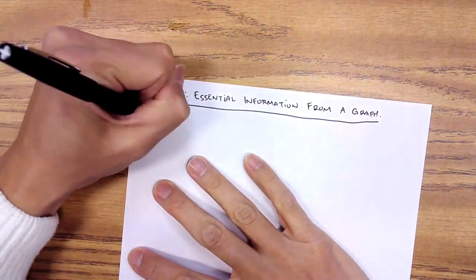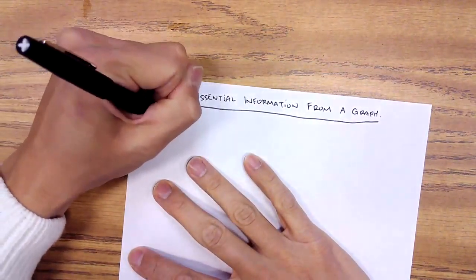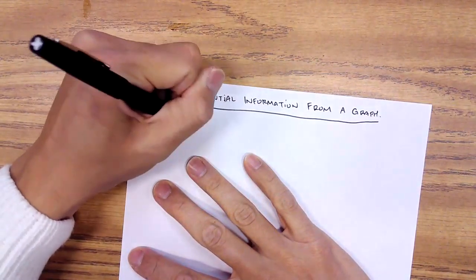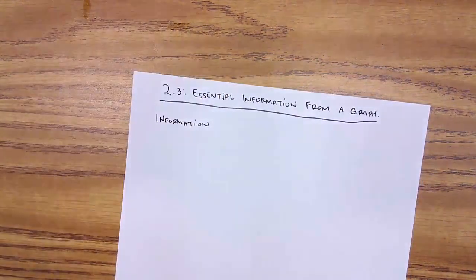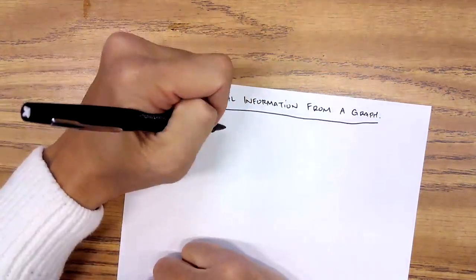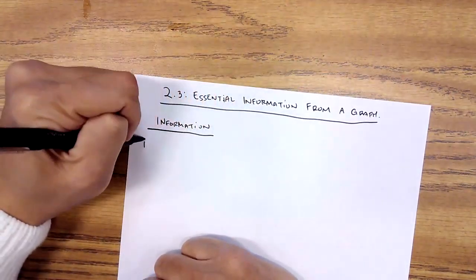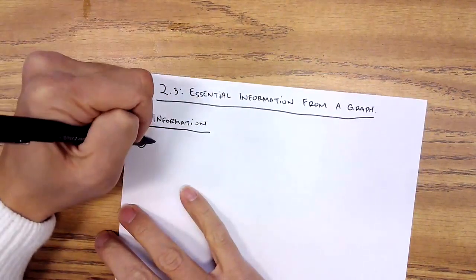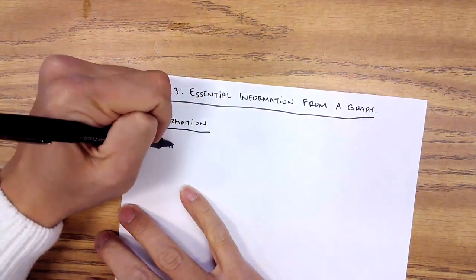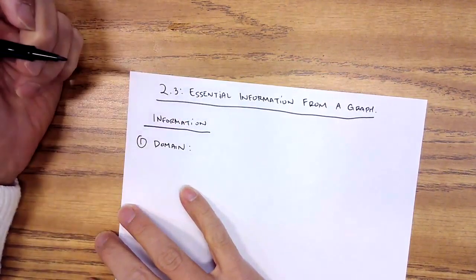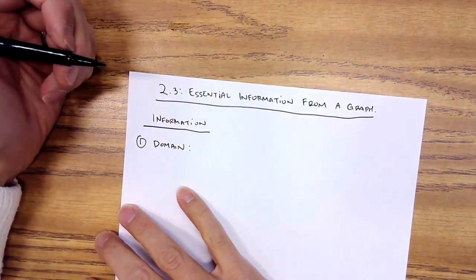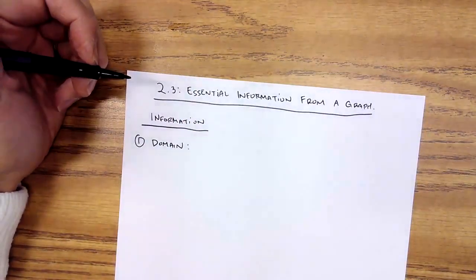So information, number 1. Okay, the first thing is the domain. We should know what domain is already, right?